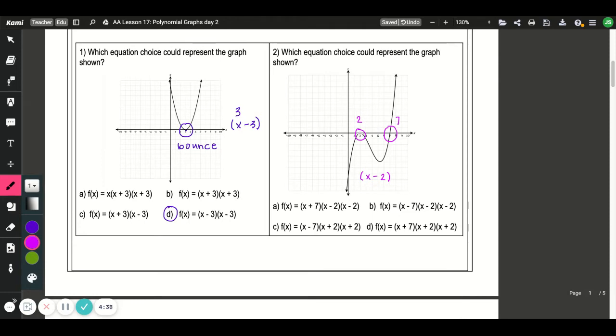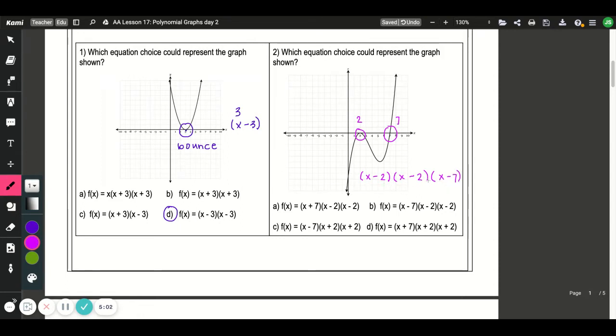Because it bounces, it doesn't go straight across, like the 7 goes straight across. This one hits and bounces off. That means it is a root twice. So I need to write it twice. And then there's a root at 7. So if the root's at 7 and we want to write the factor, it would be the opposite, x minus 7.